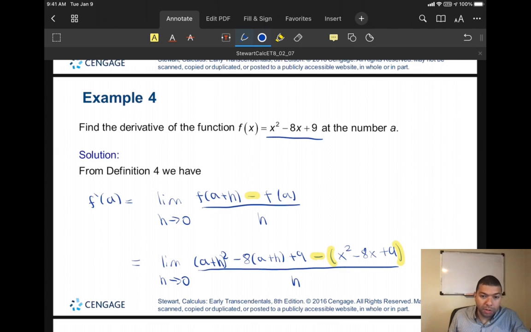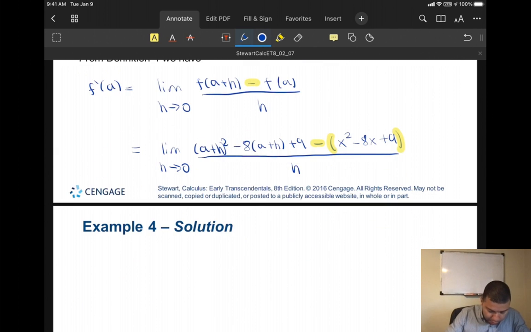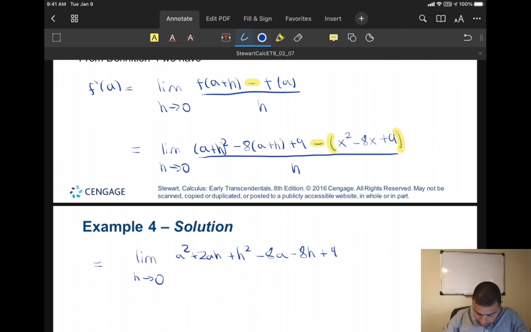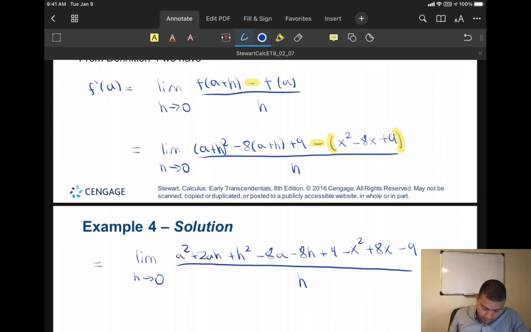So now a lot of algebraic manipulation. So this is a squared plus 2ah plus h squared. That's the first term right there. Now minus 8a minus 8h plus 9 minus a squared plus 8a minus 9, all that divided by h. And now we can start canceling things out.